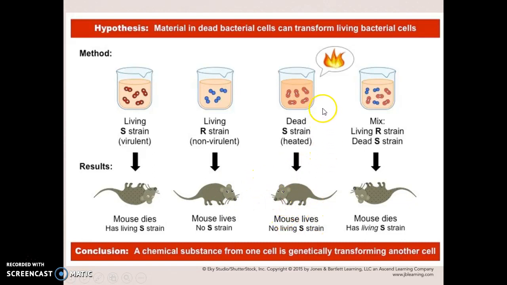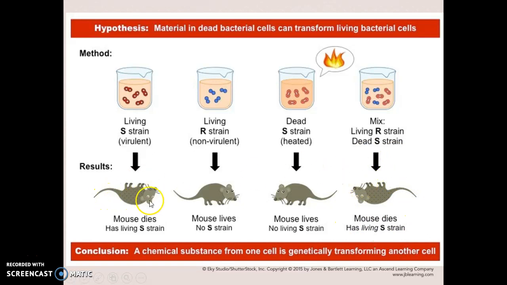He was like, what is going on? This is so bizarre. So he thought, okay, I know that the living rough cells don't kill and the smooth dead cells don't kill, but the smooth living cells do. So what if I give them dead smooth bacteria and living rough cells? And what happened was the mice died.